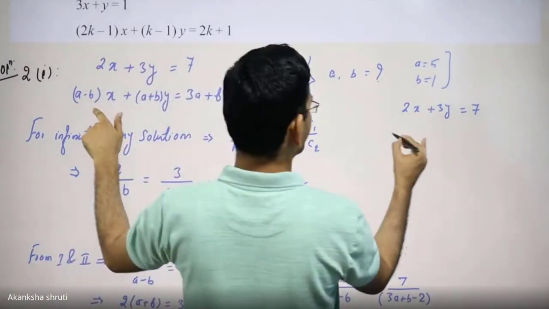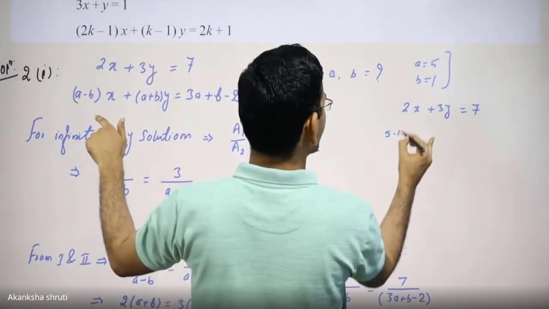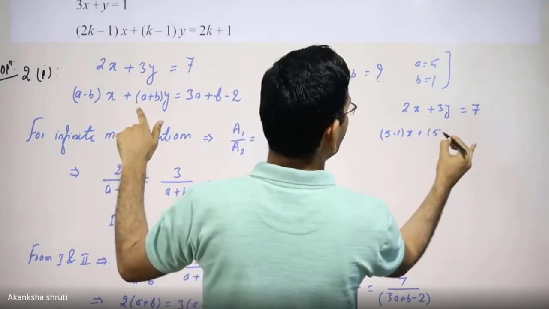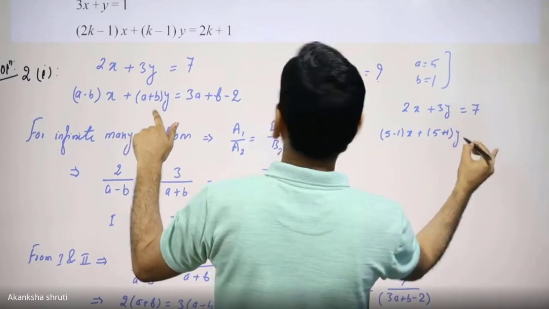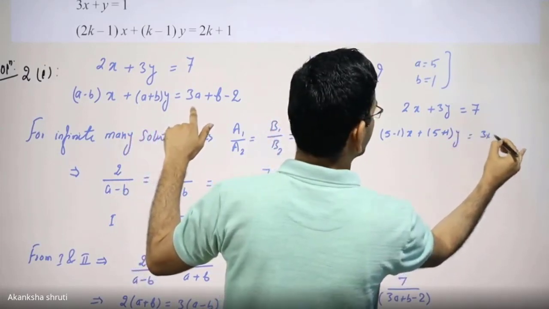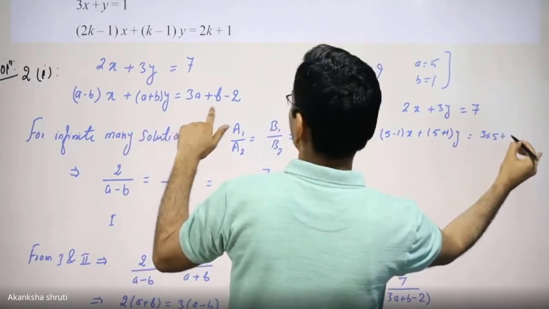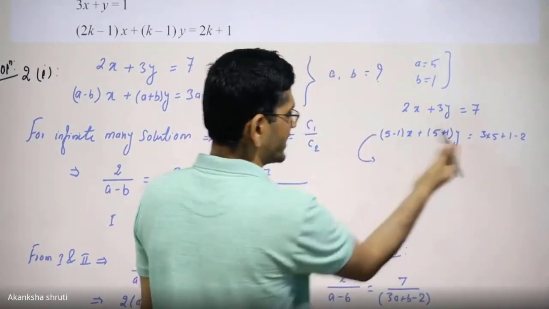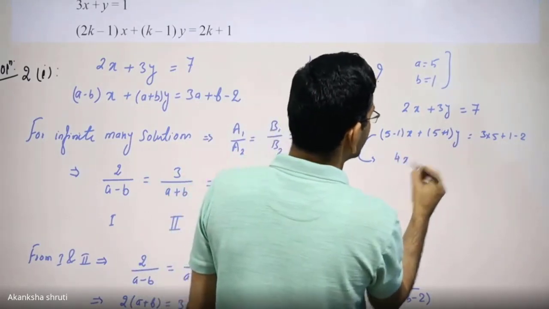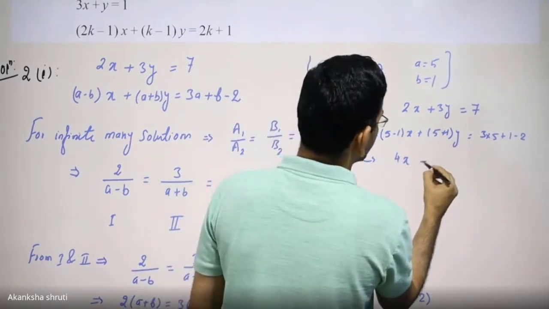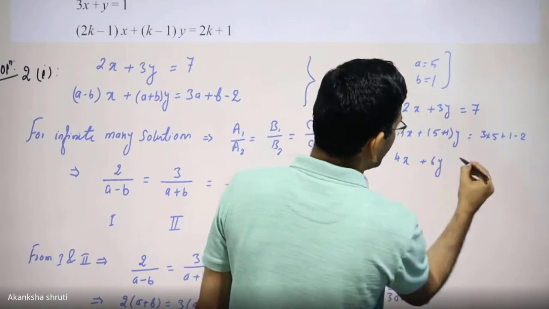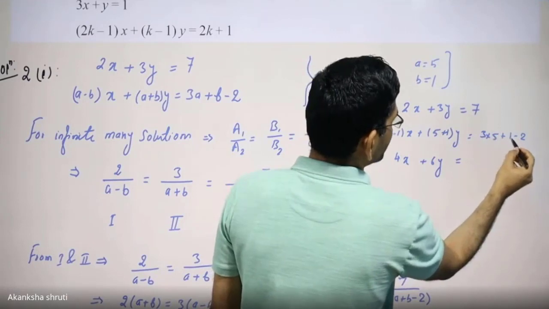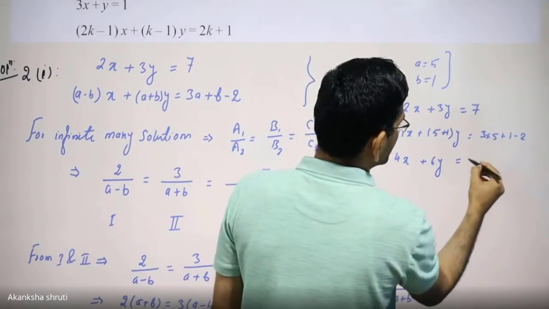So a is 5: 5 minus 1 of x plus 5 plus 1 of y, and the right hand side 3 into 5 plus 1 minus 2. Let us simplify the second equation. It is 4x plus 6y, and 5 3s are 15 plus 1, 16 minus 2, 14.